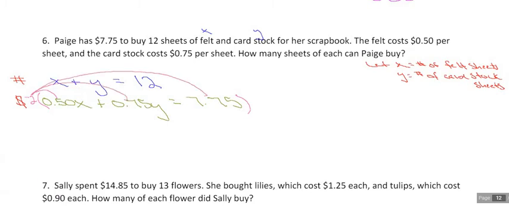Okay, so we're going to take negative 2 and distribute it through. So now my system will say x plus y equals 12. And now the second equation, well, negative 2 times 0.5 is negative 1. So just negative x minus 1.5y, if I do negative 2 times 0.75, equals negative 2 times our 7.75, which is negative 15.5.